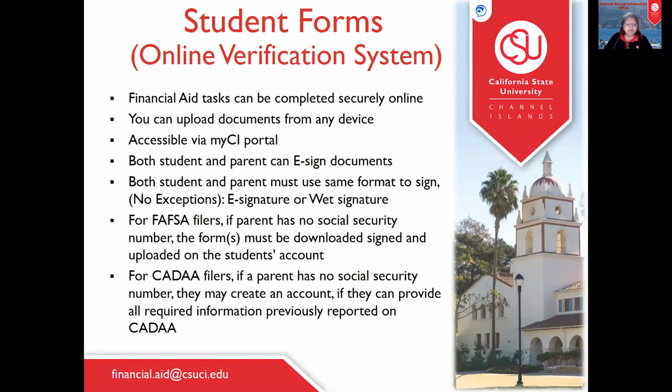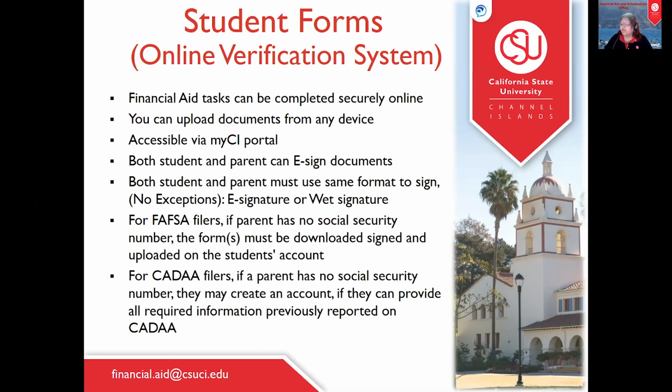Okay, Student Forms. If you need to provide additional documentation to our office, Student Forms is a system that you'll be using to securely upload your documents from any device, available to both the FAFSA and DREAM filers. Student Forms is accessible in the Student Services section of your MyCI portal.